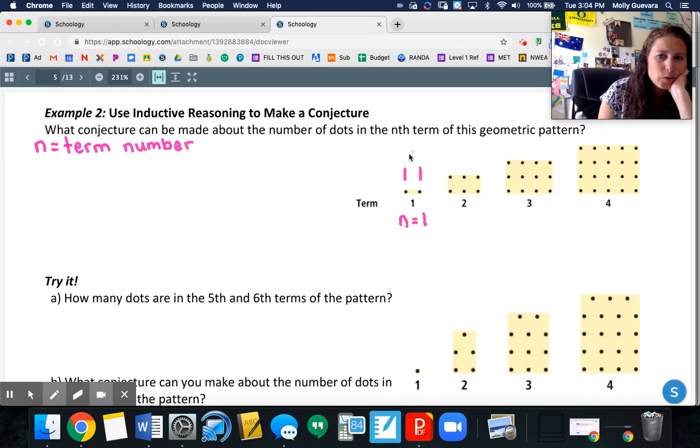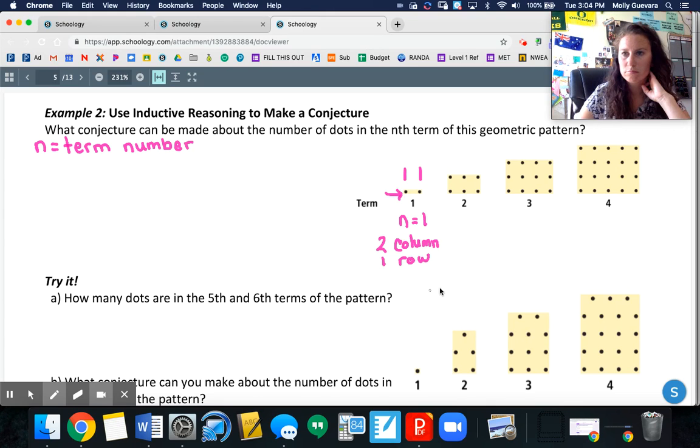So 2 columns, and one row. Okay, so I'm just writing down what I see. I see that there's 2 columns and I see that there's 1 row.